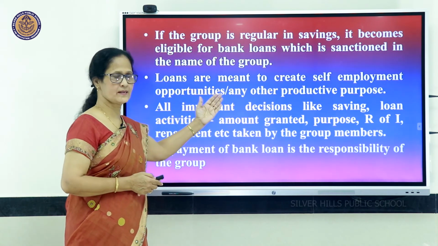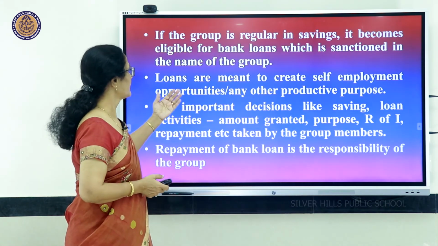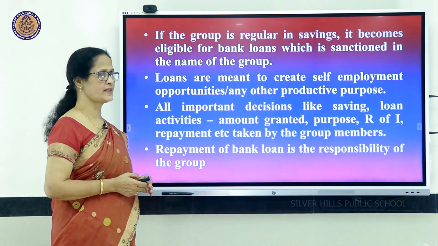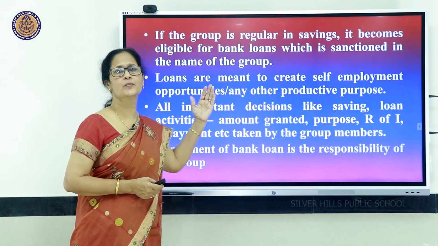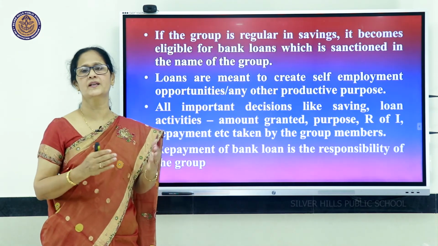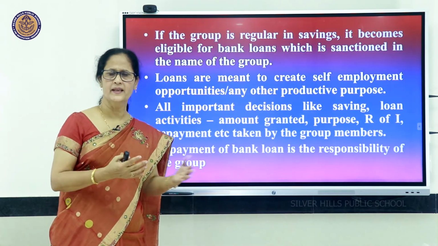What is the objective of the loans given? The loans are meant to create self-employment opportunities or any other productive purpose, like small businesses such as tailoring or buying cattle.